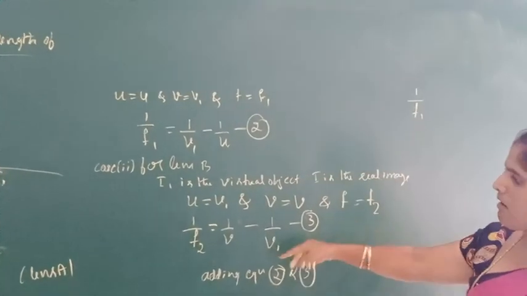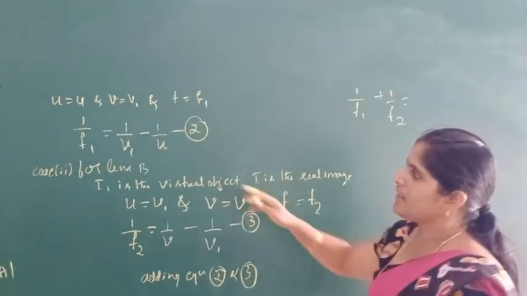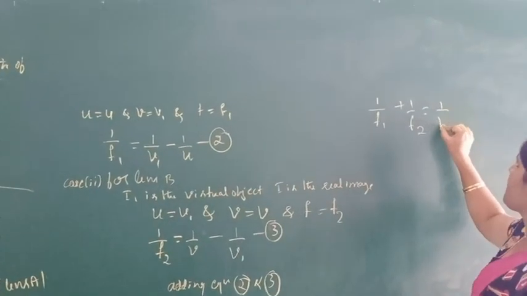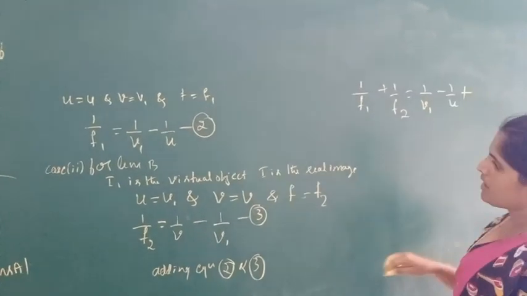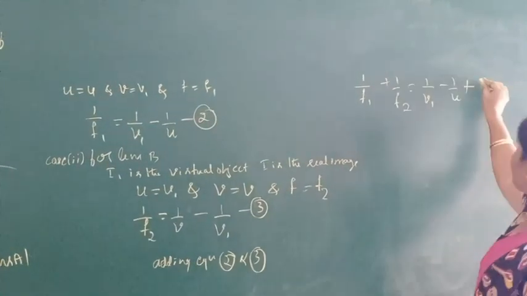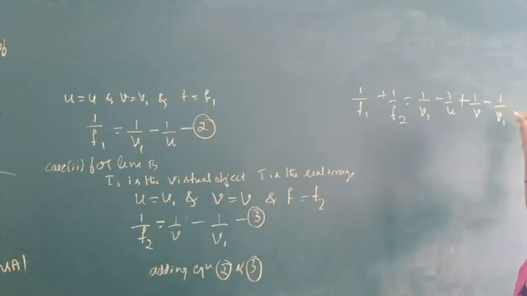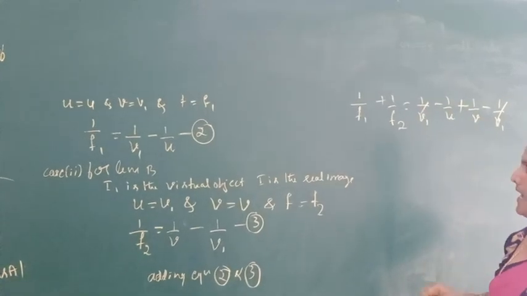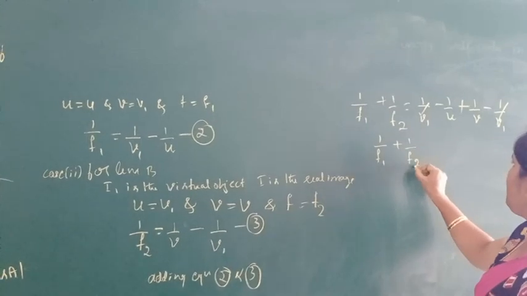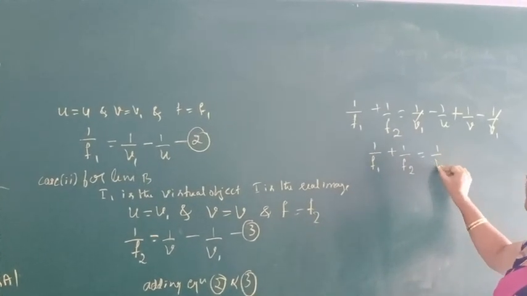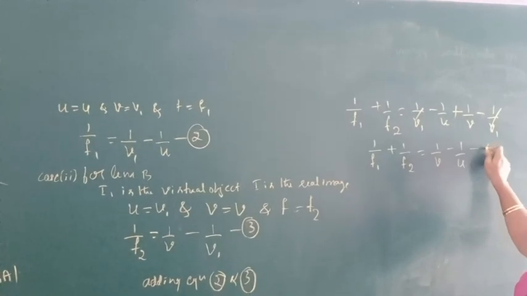That is 1 by F1 plus 1 by F2 is equal to the right hand side, that is 1 by V1 minus 1 by U plus 1 by V minus 1 by V1. Here 1 by V1 and 1 by V1 get cancelled. Remaining is 1 by F1 plus 1 by F2 is equal to 1 by V minus 1 by U. We call this equation number 4.